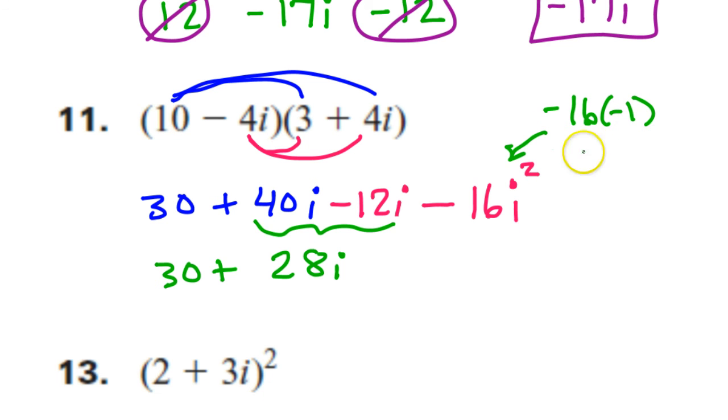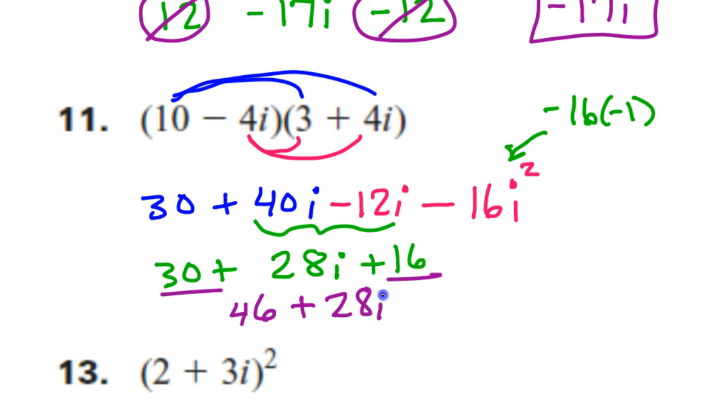Well, negative times negative is a positive, so that makes this a positive 16. Alright, that makes these like terms. So putting those together, that's going to be 46. So that's going to leave me with 46 plus 28i.